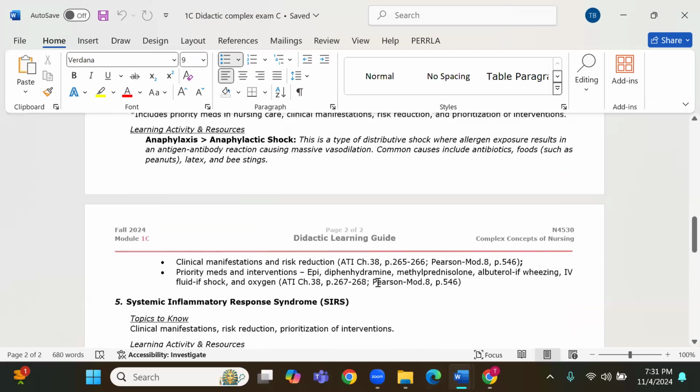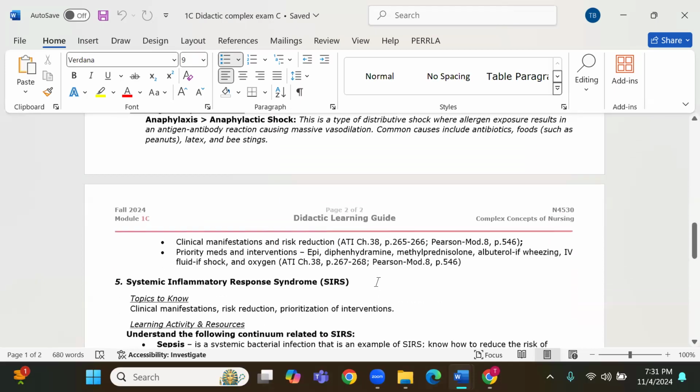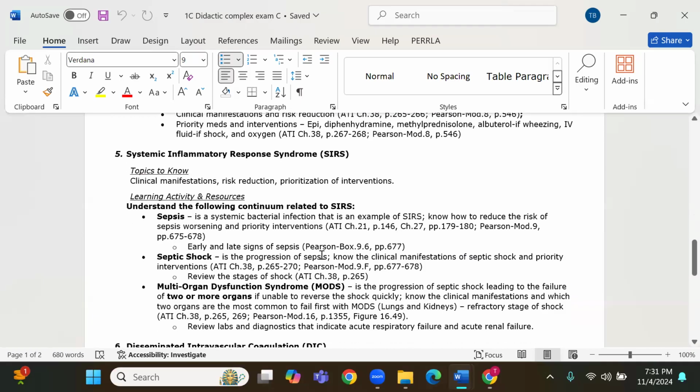Maybe they're not going to ask it. But oh yeah, look, understanding the following continuum related to SIRS. Sepsis is a systemic bacterial infection. That is an example of SIRS, how to reduce the risk of sepsis worsening.